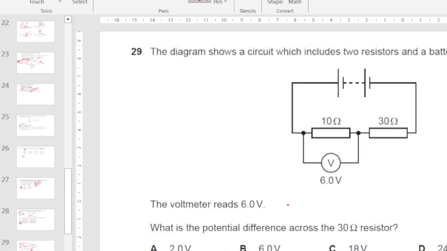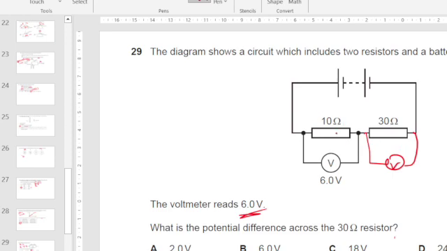And 29th question, a diagram is given. The voltmeter reads 6 volt, which is connected across the 10 ohm resistor. What is the potential difference across the 30 ohm resistor? That's the question. In order to measure this, I should know the total current across these two.